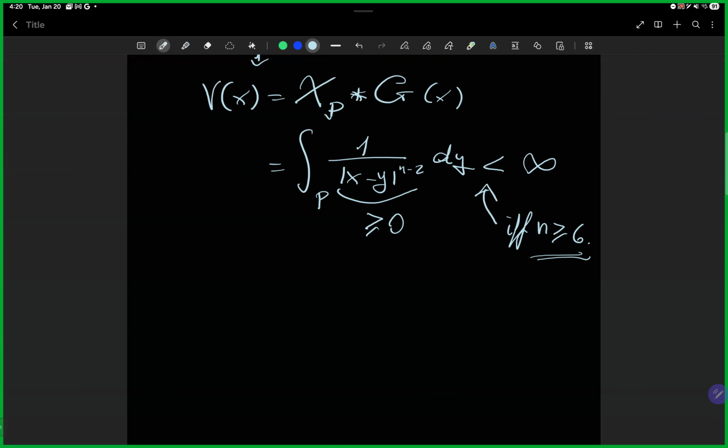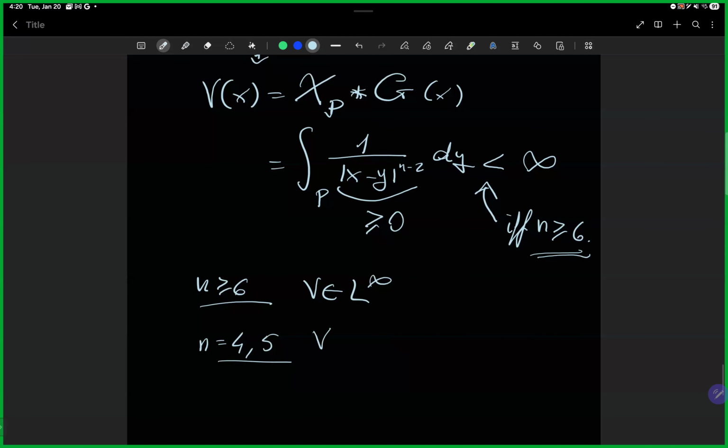The problem is that if n is greater or equal than 6, v is bounded. Instead, if you are in dimension n equal 4 and 5, you can find a new v, not this one. You have to twist it. And v is not bounded, but it grows almost linearly. So v of x is bounded by a constant times 1 plus |x|.